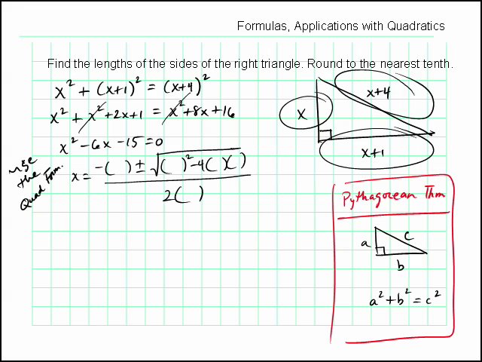Plug your numbers in. b is negative 6, a is 1, and c is negative 15. Simplifying, positive 6 plus or minus the square root of 36 plus 60, which is 96, all over 2.